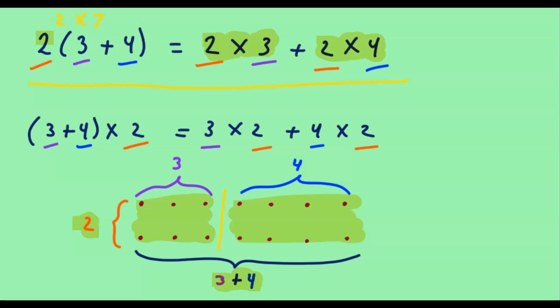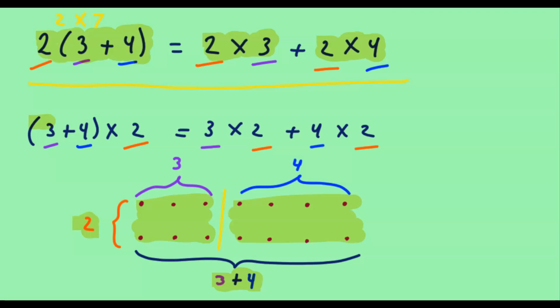And that represents 2 times (3 plus 4). So we can see that 2 rows of (3 plus 4) dots is the same thing as 2 rows of 3 dots plus 2 rows of 4 dots. So 2 times (3 plus 4) is equal to 2 times 3 plus 2 times 4, and so we can see why the distributive law works.